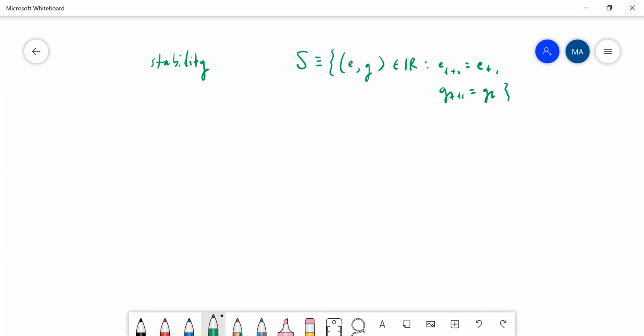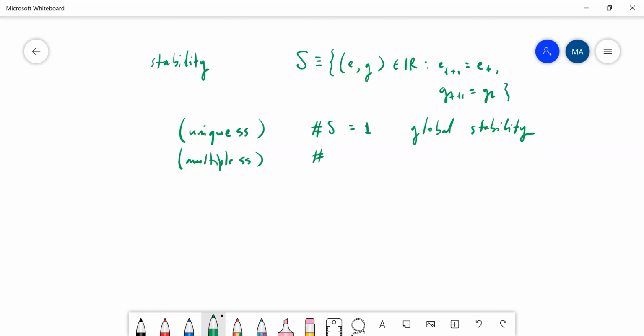Now, if this set has only one element, if there's only one unique steady state, then you can talk about global stability. If you have multiple steady states, so the number of elements of this set is greater than or equal to 2, then you can only talk about local stability.